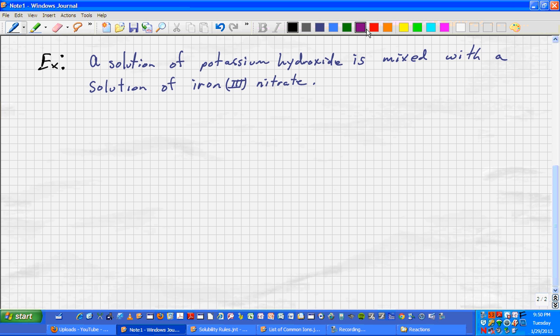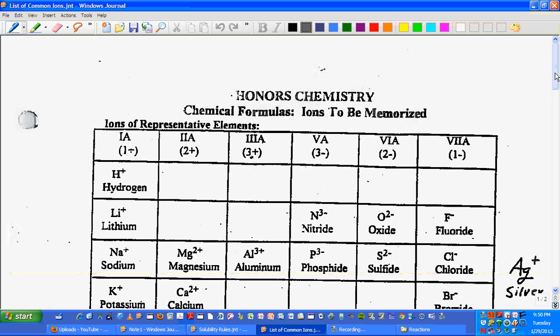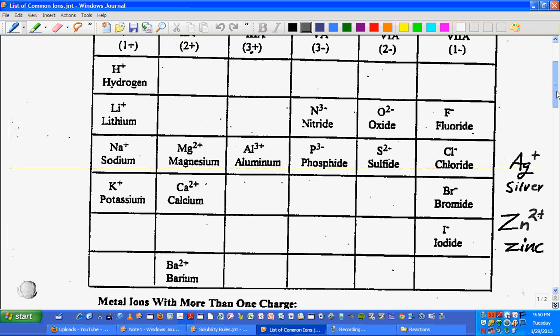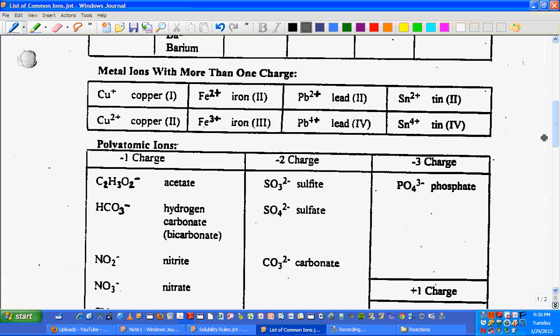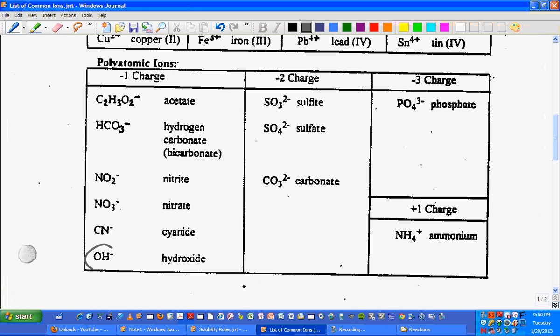Well, we're going to start by writing the equations for our reactants. We've got potassium hydroxide. If you're a little shaky, you may want to go to your list of common ions. Potassium is a positive 1 right there, and hydroxide down here is a negative 1. So it's just going to be KOH.